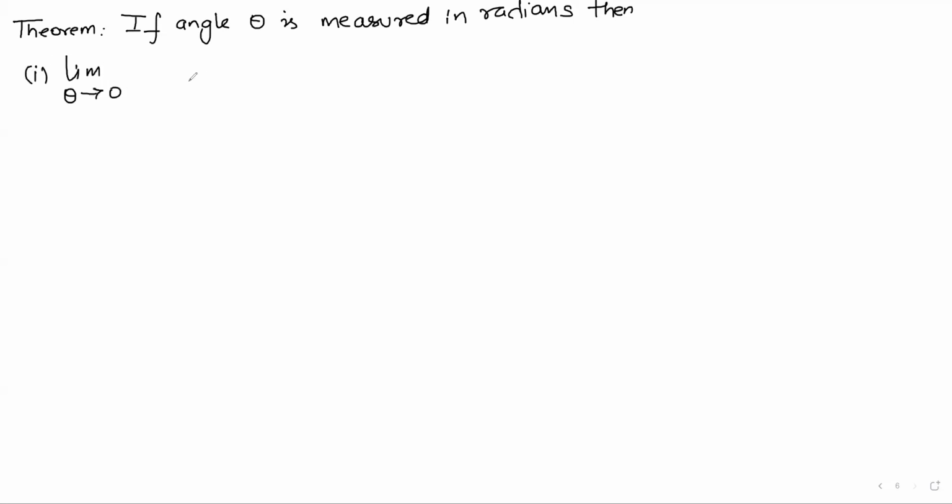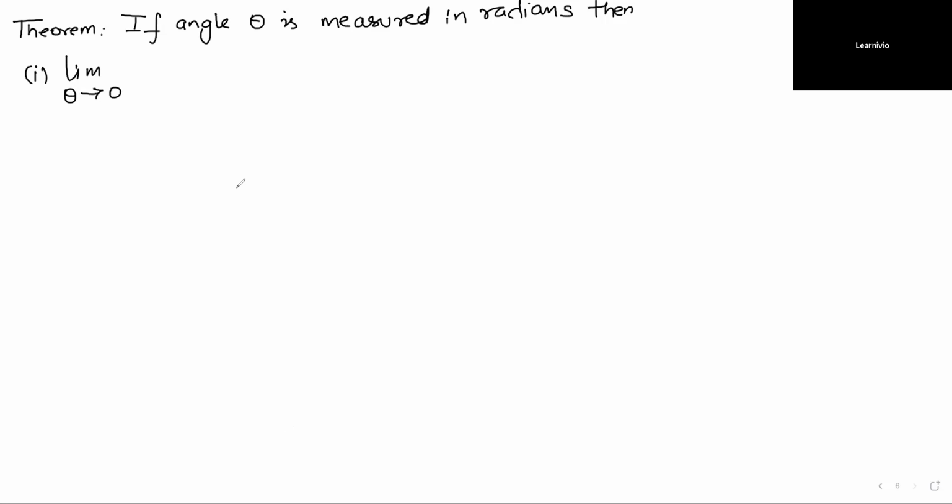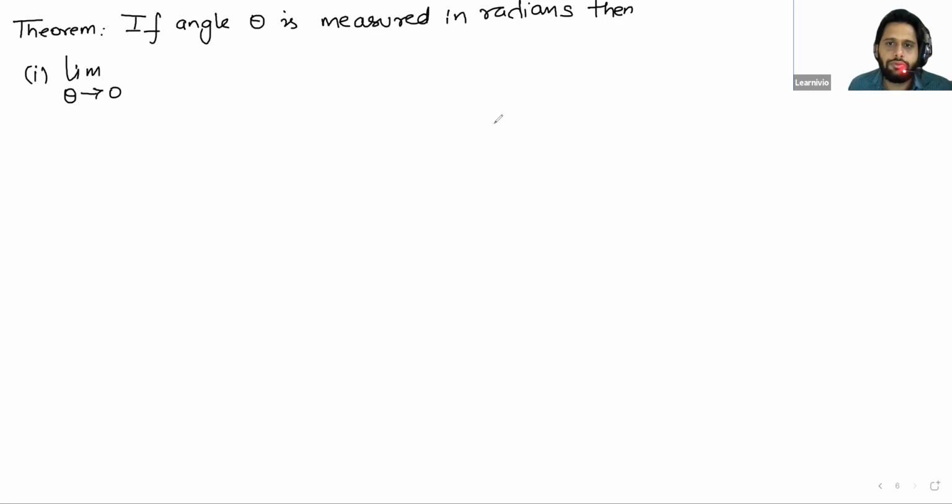Next theorem is: if angle theta is measured in radians, then the first part is limit theta tends to 0 cos theta, this will be equal to 1.